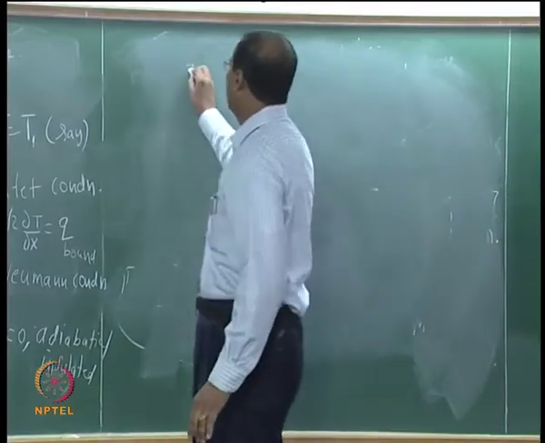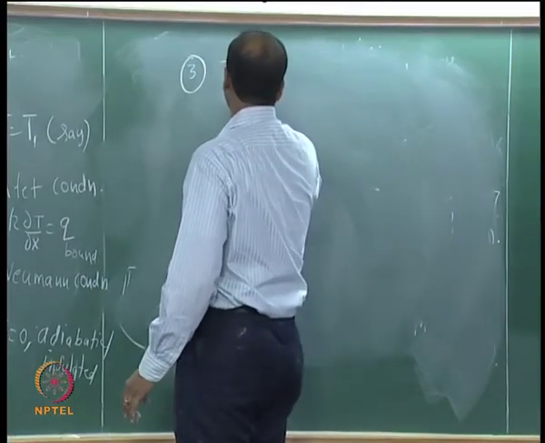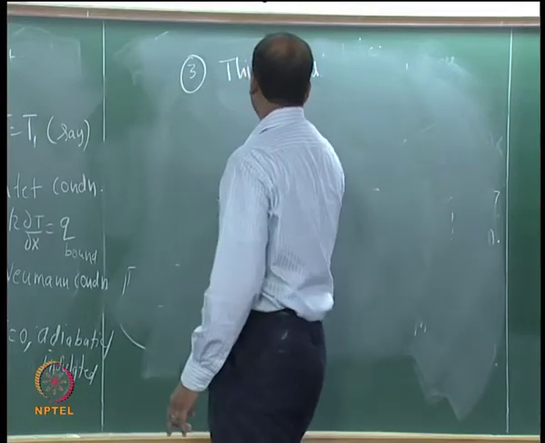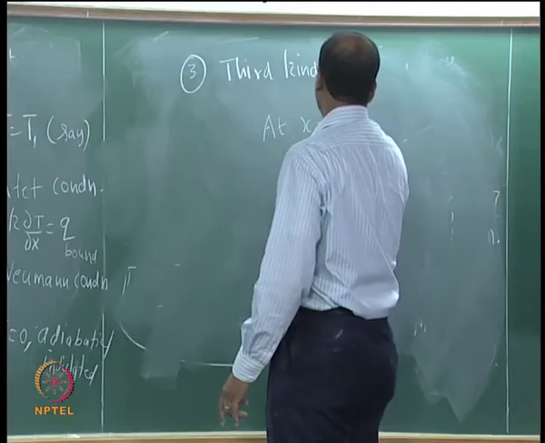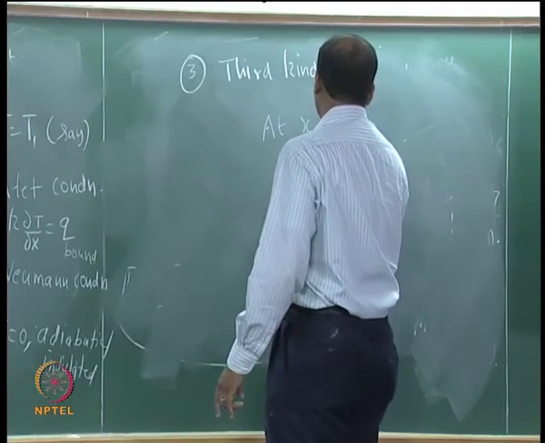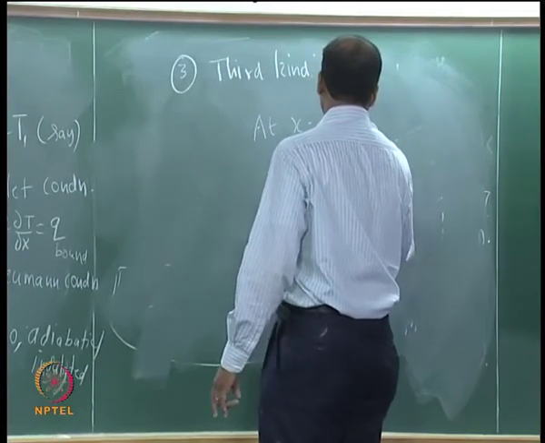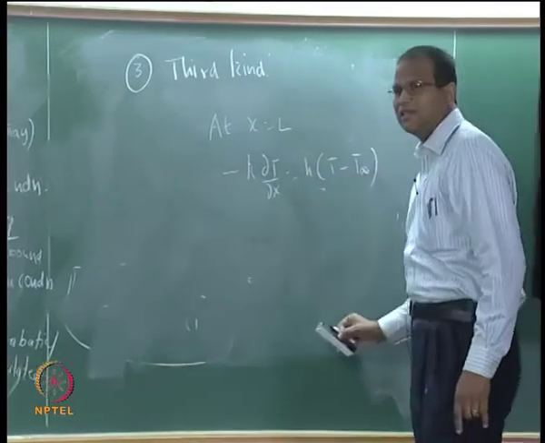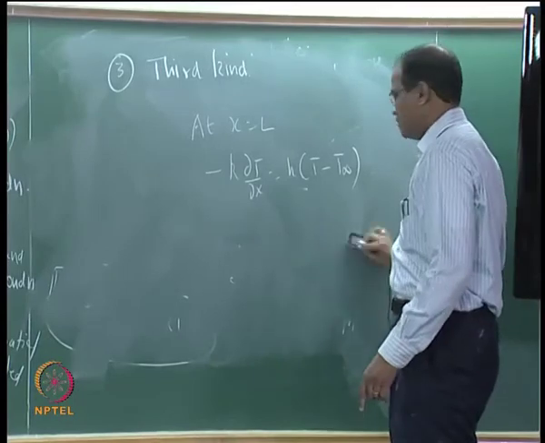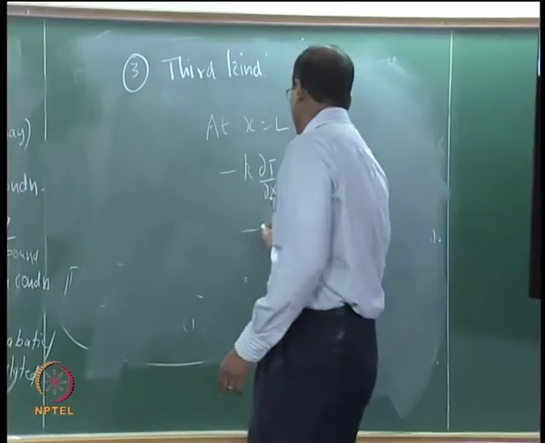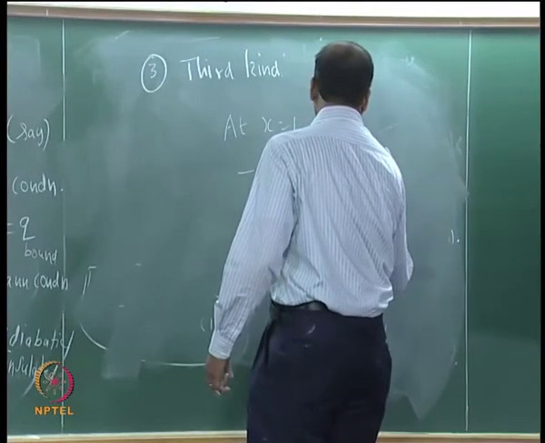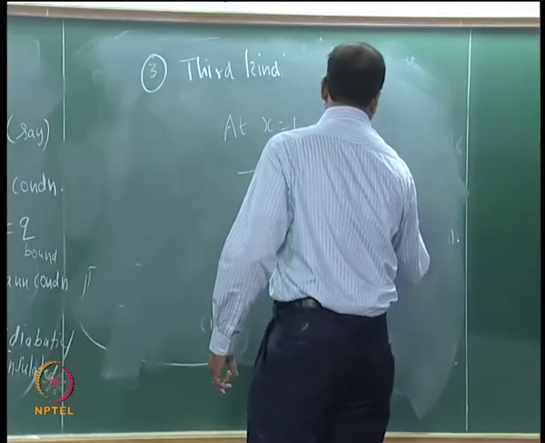So, the third will be the third kind, where I say at x equal to L, minus k dt by dx equal to h into t minus t infinity. What is this? There is a convection which is taking place at the boundary. Or I can even say minus k dt by dx equal to epsilon A sigma t to the power of 4 minus t infinity to the power of 4.